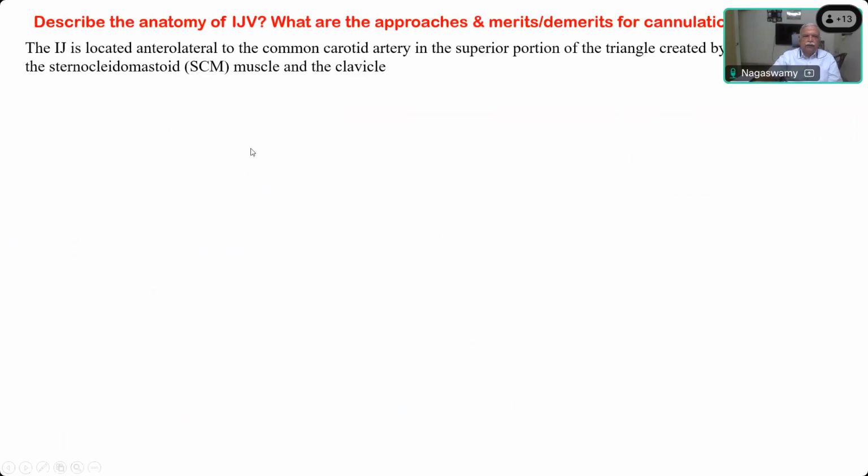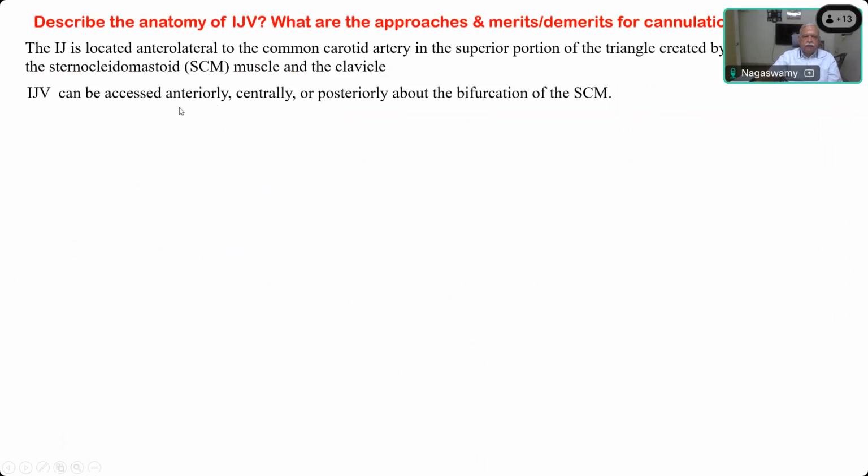And automatically they will ask you about the anatomy of IJV. If they ask you about the IJV catheter, then definitely you can expect the question on anatomy and what the approaches, merits and demerits are. Of course, he has already answered all that. The IJV is located anterolateral to the common carotid artery in the superior portion of the triangle created by the two heads of the sternocleidomastoid muscle and the clavicle.